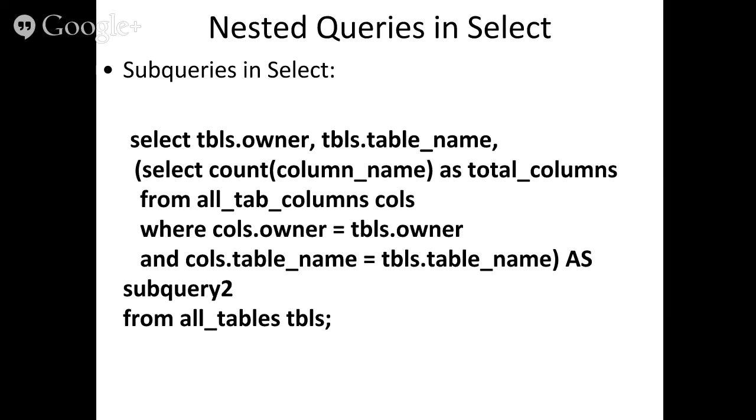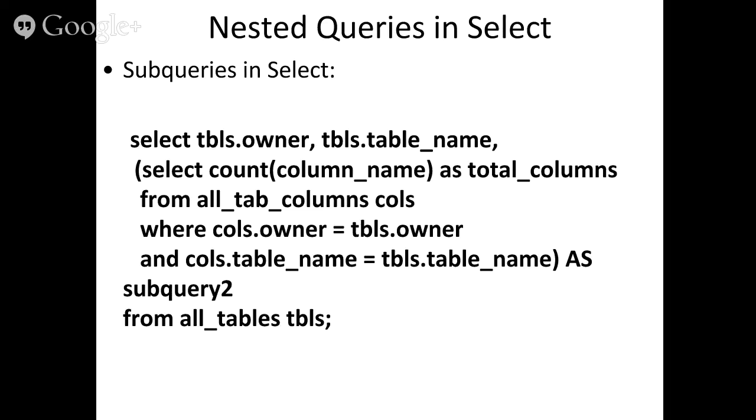The first 2 fields are obvious. Those are fields from the original table, whereas the third field is what? It says that we are looking at a table called all table columns. We're iterating over that, so there's some other table, and we only want the ones that match the owner here.